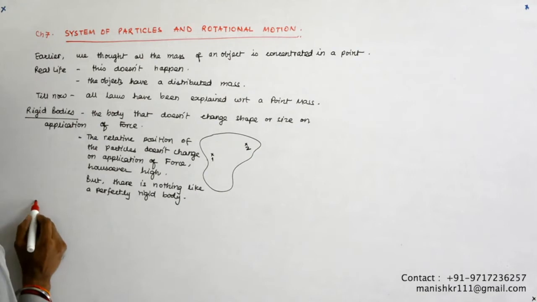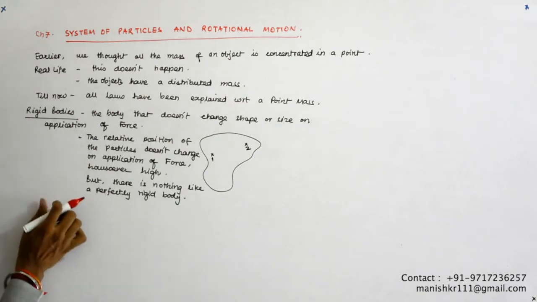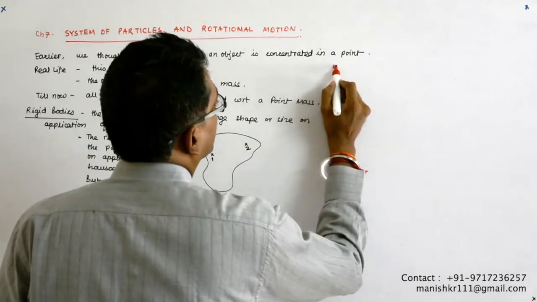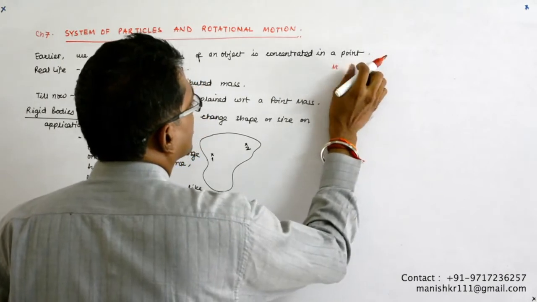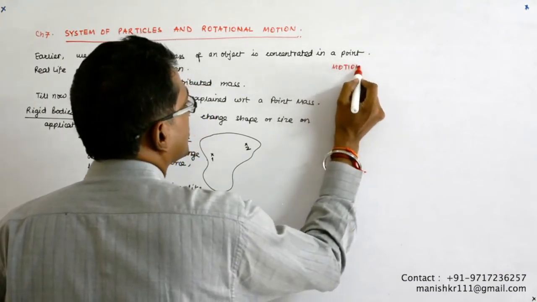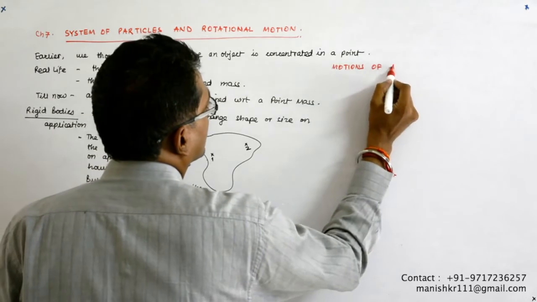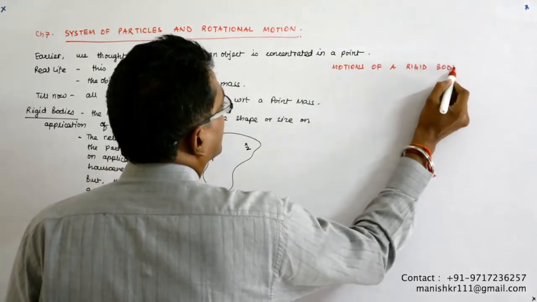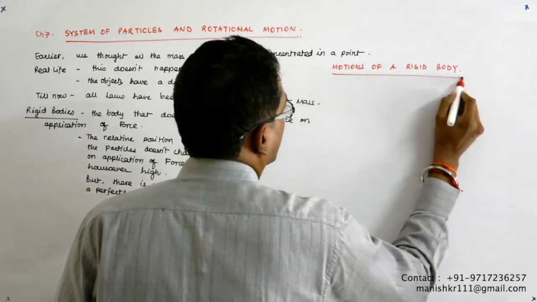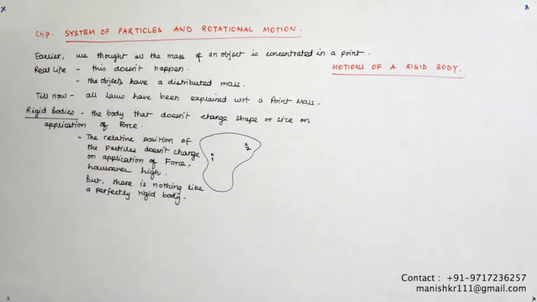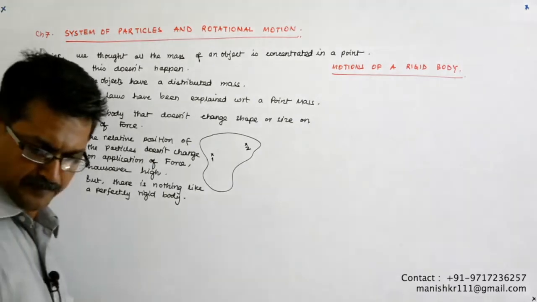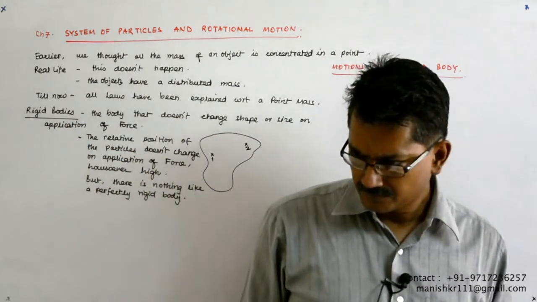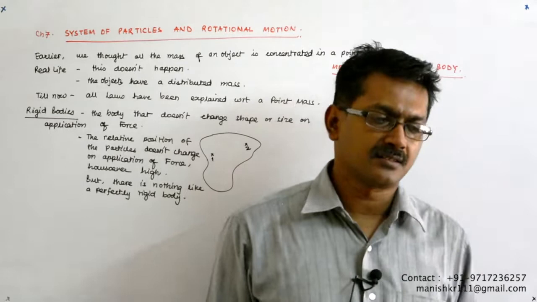Motions of a rigid body. What kind of motion can a rigid body have?